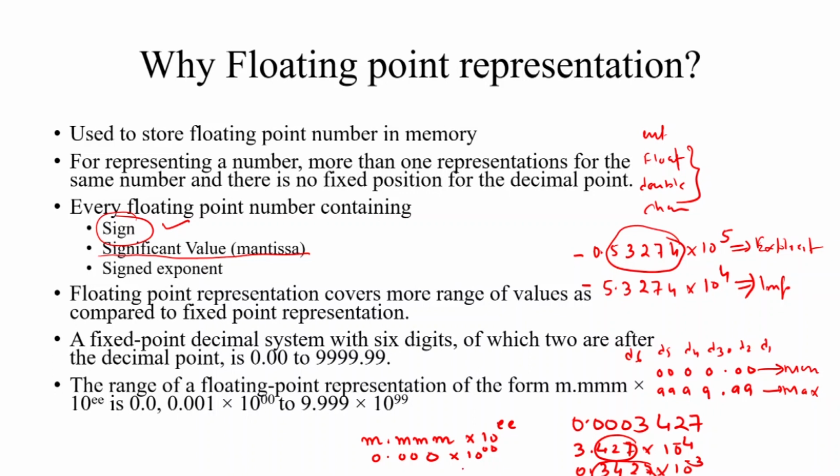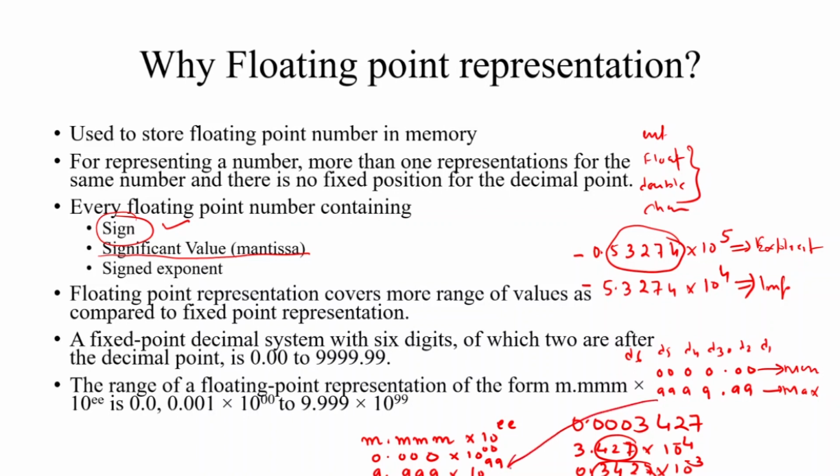When we talk about the maximum value, the maximum value is 9.999 multiplied by 10 to the power 99. When we find an equivalent number corresponding to this, obviously this value is more than the fixed point maximum.